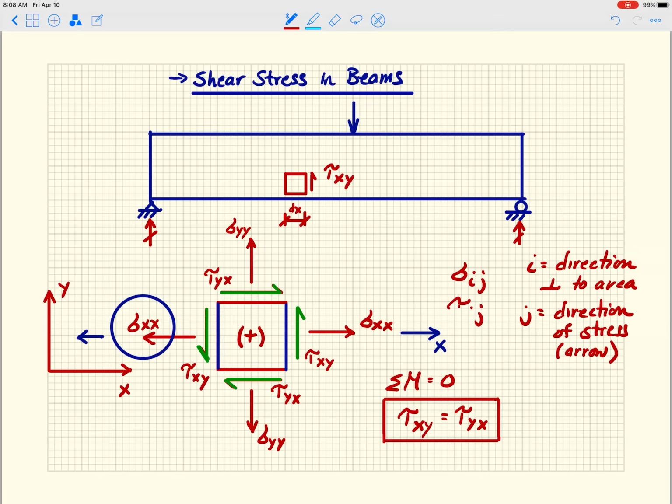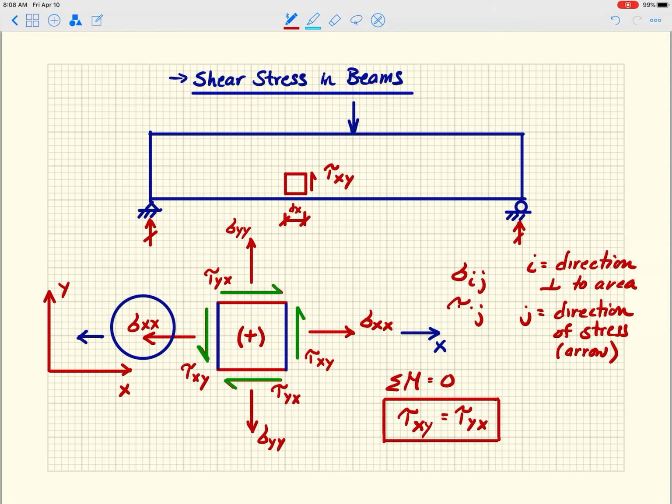So in 2 dimensions like this, we really only have 3 components of stress. We have sigma xx, which could be like a bending stress that you guys had calculated. We have sigma yy. And we have this tau xy, which is the shear stress. Nothing else.